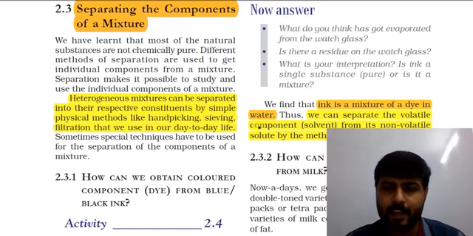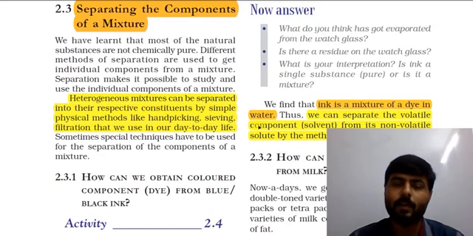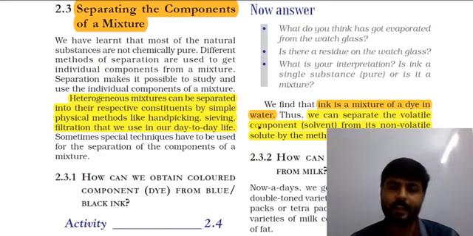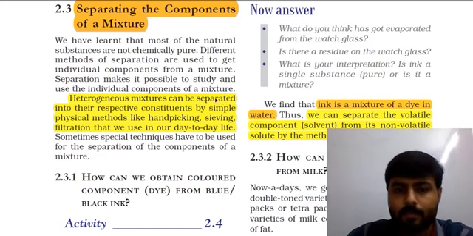In layman language, pure means without adulteration, but in science we have a different meaning for pure. For pure in science, we require only one component in it, and that is what we call pure.